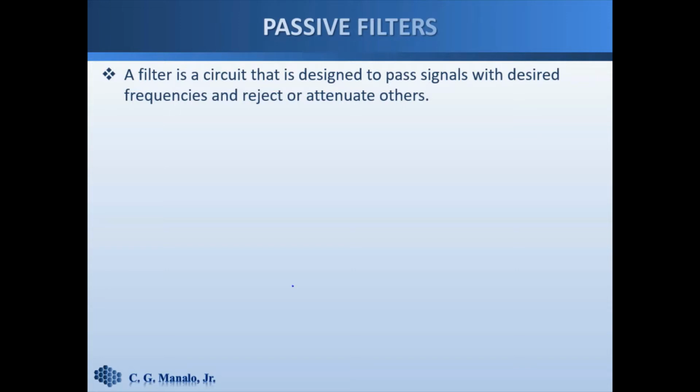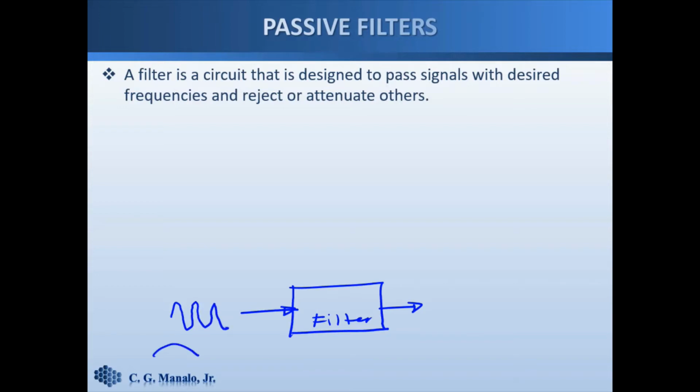For example, we have here a filter, and it has an input and an output. Let's say in the input, there are high frequency signals and low frequency signals. And let's say the output is a signal with a frequency that follows the high frequency signal.